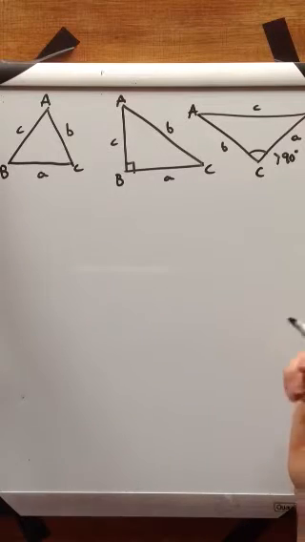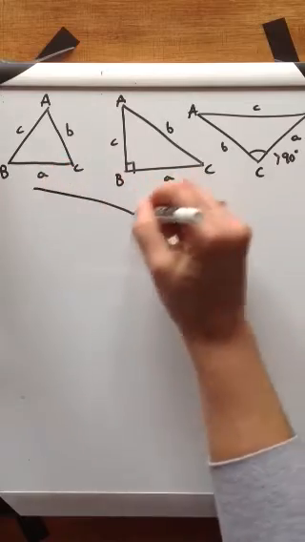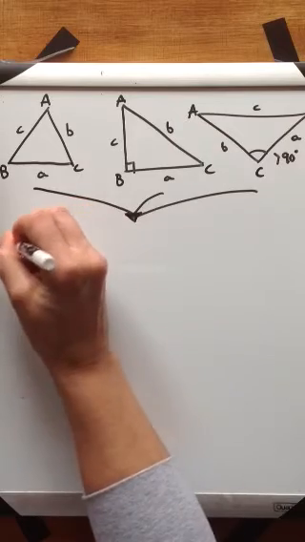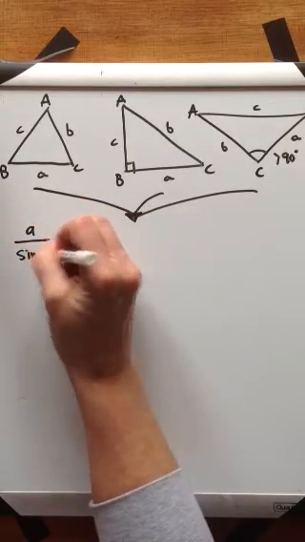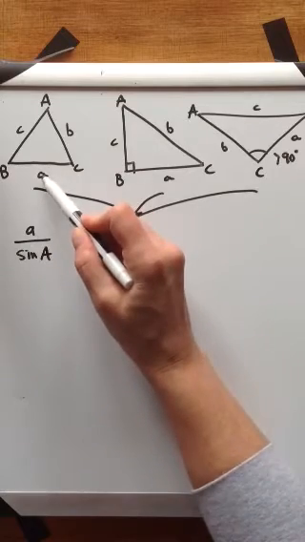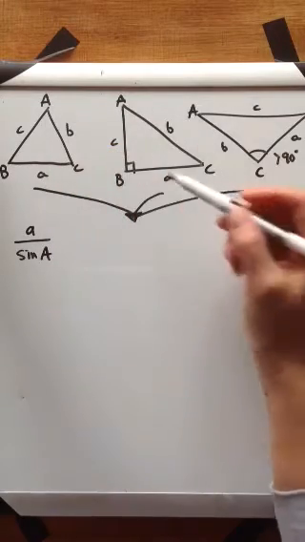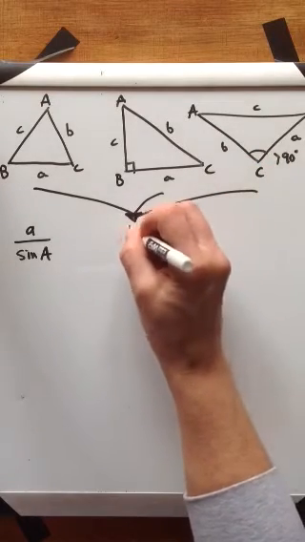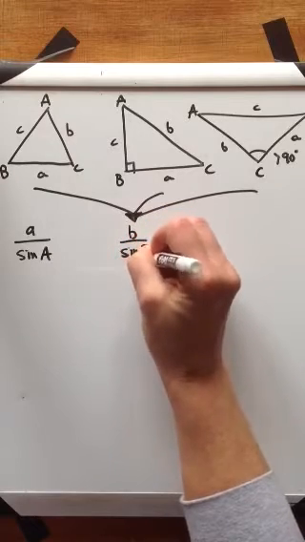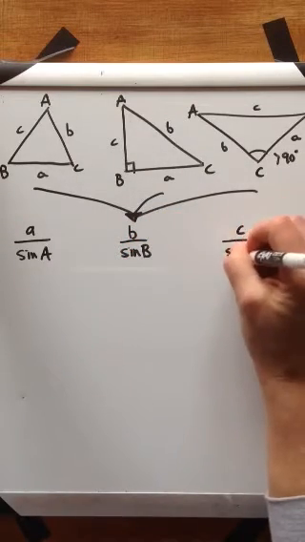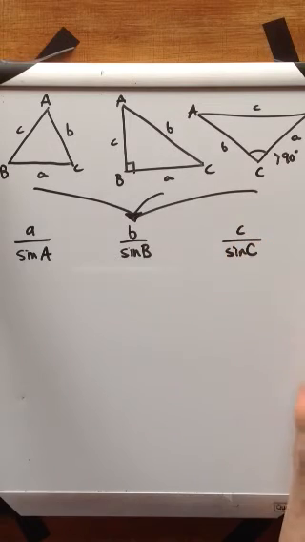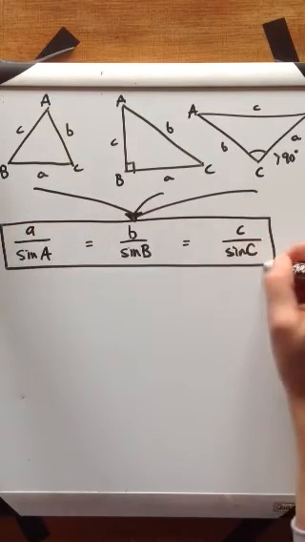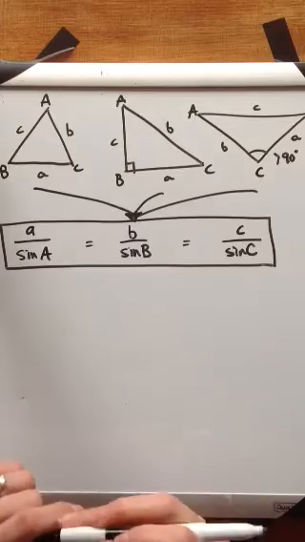And what that discovery would end up being is that regardless of which triangle you have, you would learn through some measurements and some calculations that if you put a little side a divided by the sine of its angle, and it doesn't matter which triangle it's with, and if you were to do a calculation of little b with its sine B value and little c with its sine C value, you would discover that they end up being equal, or end up being the same value in each case, which is a pretty neat relationship.